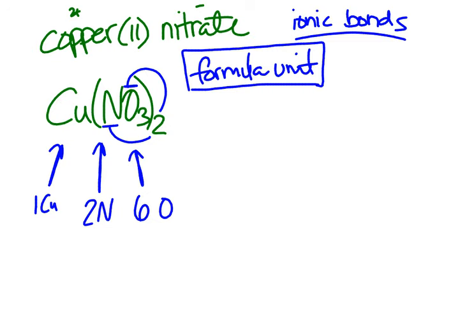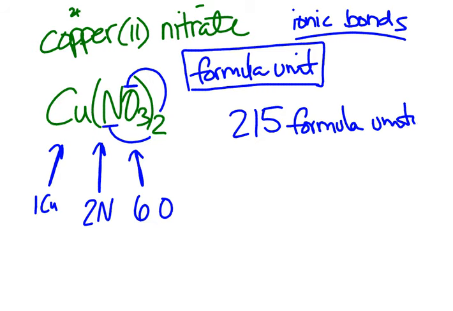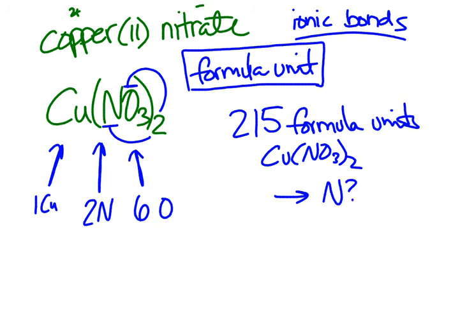So what I want to know here is, what if I had 215 formula units of copper 2 nitrate, which is Cu(NO3)2, and I want to know how many nitrogens are there.